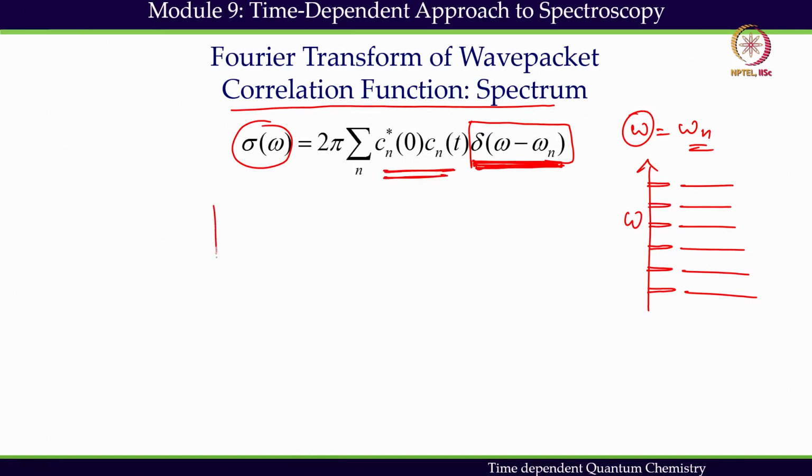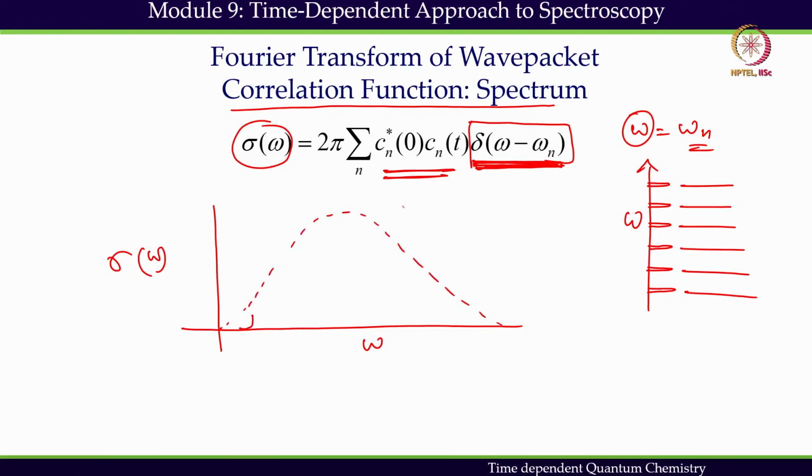I can now plot sigma omega as a function of omega, and I get the maximum function value. This envelope is represented by Cn star 0, Cn t.